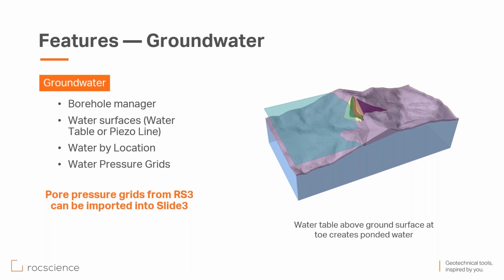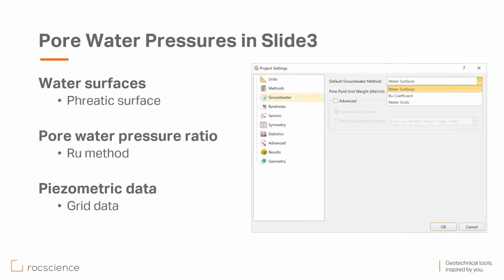If you want to do a more advanced finite element analysis, you can run it in the RS3 software and then import the results as a grid into the Slide3 software. If you look at the project settings, we have different options of adding water surface, RU coefficient, and water grids that I'm going to explain one by one.